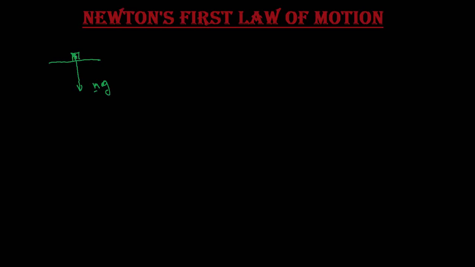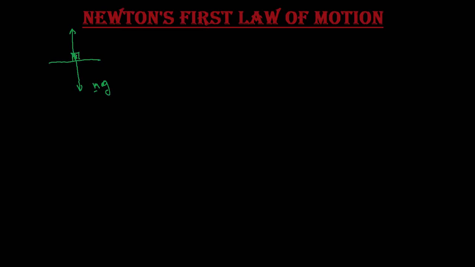Since there is a force acting downwards, which we call the weight, mg, there has to be an equal and opposite force acting upward on the box, that is the normal force or the reaction force from the ground on the box. So this box is not in motion, it is stationary.